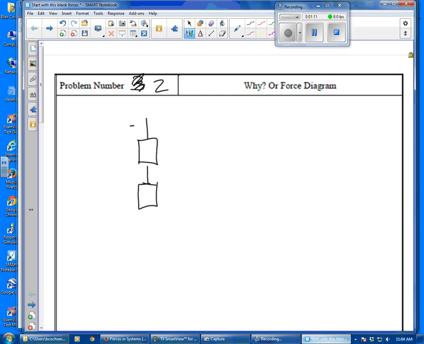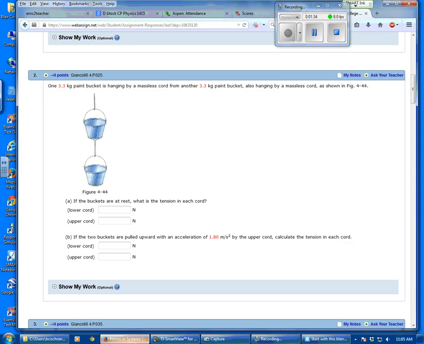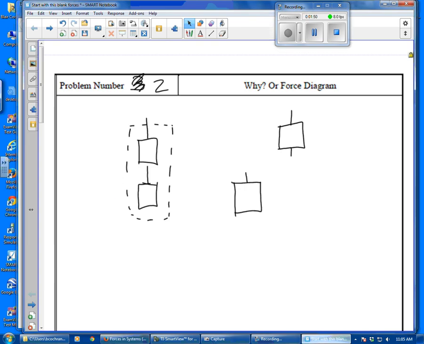And so my system is both of these together, and then I'm going to do individual force diagrams of the 2. I have a cord up, a cord down, and a cord up here. How many of you have the same mass for each of your buckets? Okay.